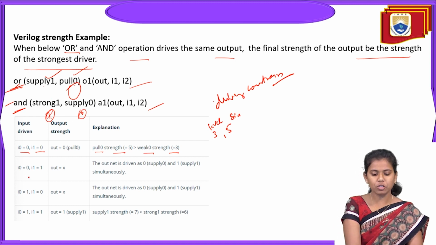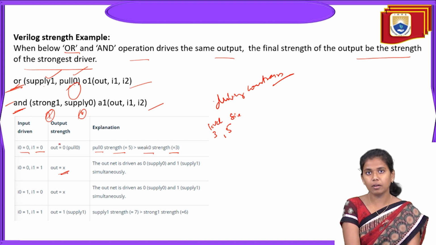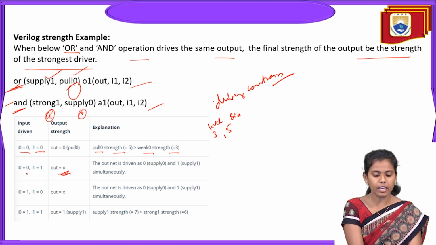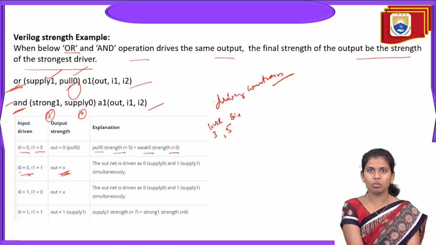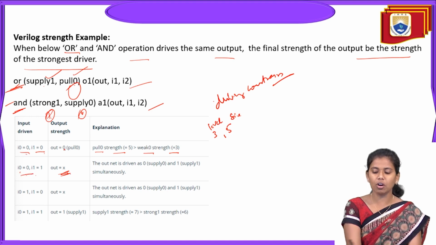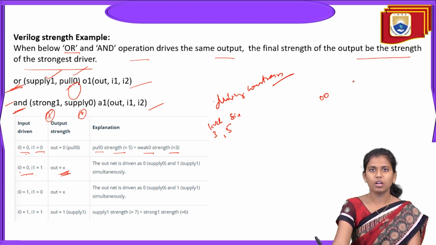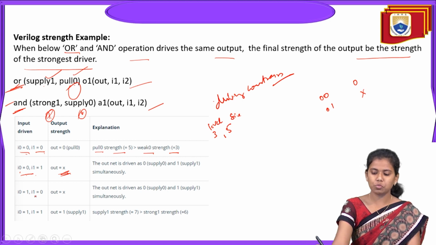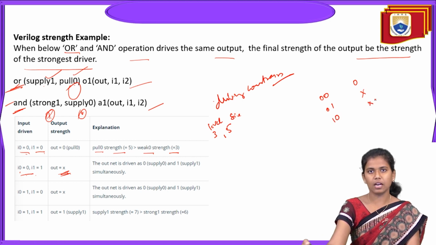And coming to the second one, out is equal to X. So the output strength is X when the input driven is 0 and 1. If it is 0, 0, the output strength is 0. If it is 0, 1, the output strength is an unknown value. If it is 1, 0, the output strength is an unknown value.